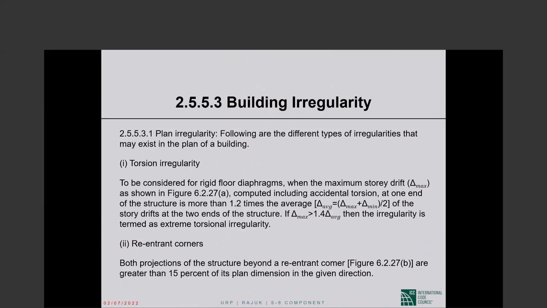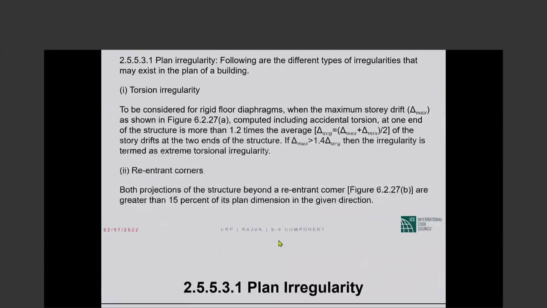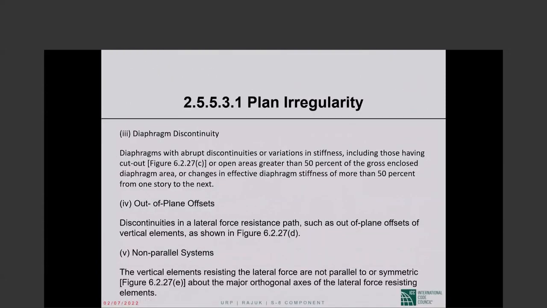BNBC has narrative descriptions of many of these irregularities, torsional, re-entrant corners, and these are actually definitions that you see. Diaphragm discontinuity, out-of-plane offsets, non-parallel systems.